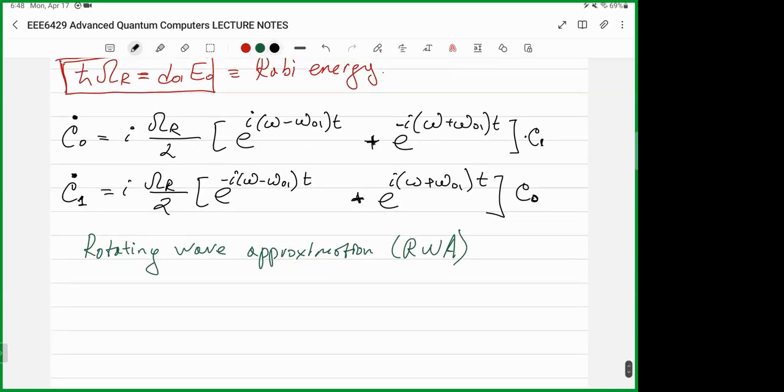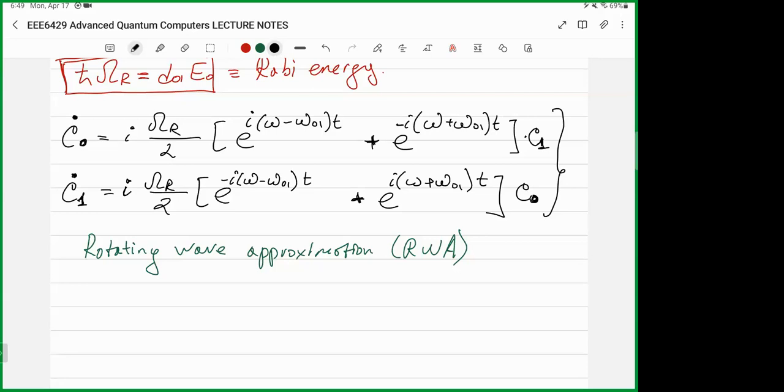The system of equations must be solved together, right? These two equations are connected. The first one is the equation for C sub 0 through the state C sub 1, but at the same time C sub 1 is defined by this second differential equation, which also depends on the state of C sub 0.